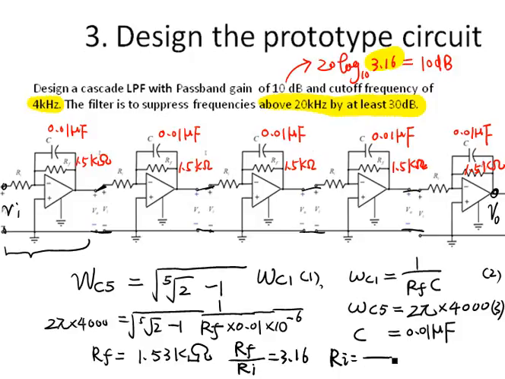So Ri should be Rf over 3.16. Rf is 1.5 kilo ohm resistor. So Ri is 470 ohm resistor. So we just need to change one of the input resistors here to a 470 ohm resistor. All the rest of the input resistors we use 1.5 kilo ohm.